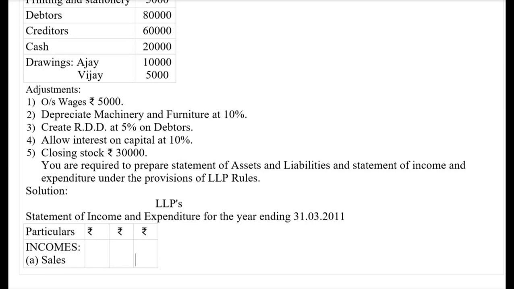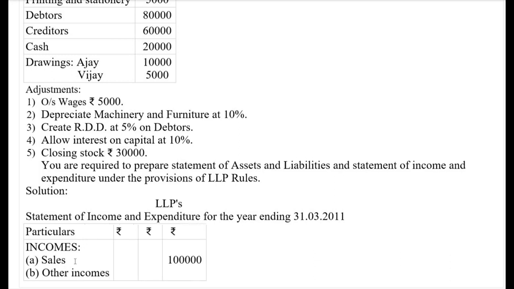Sales are given rupees 1 lakh. Then B, other incomes. In this problem there are no other incomes here.